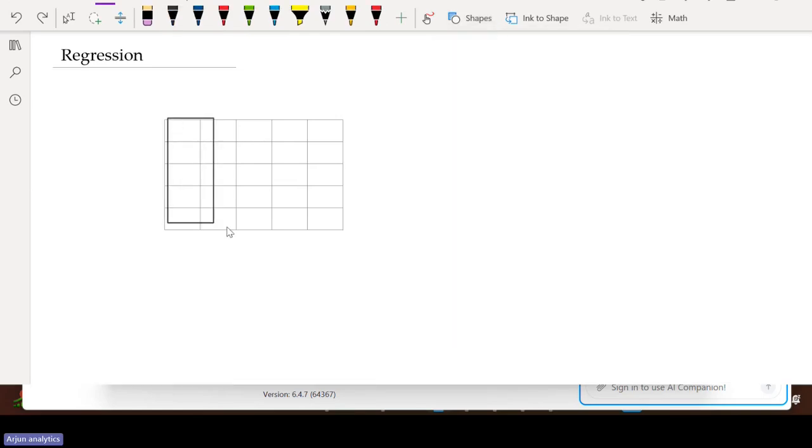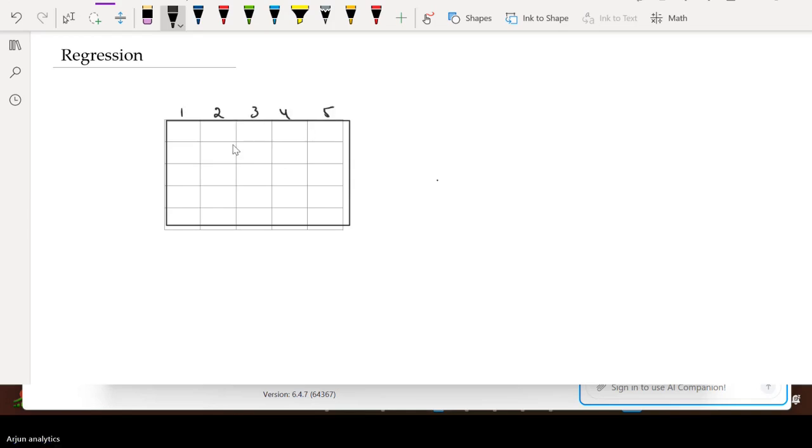We know it very well. A data set will be having columns and rows, right? Now in the column wise, we are having 1 column, 2 column, 3, 4 and 5. 5 columns are there with us, right?